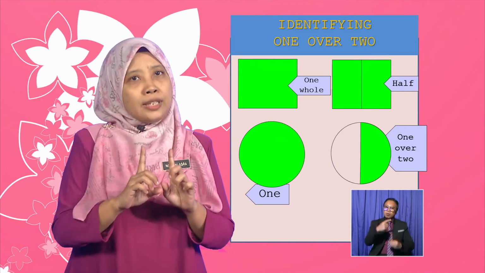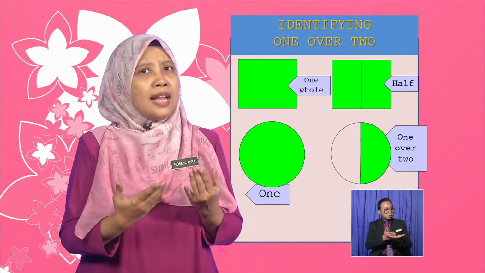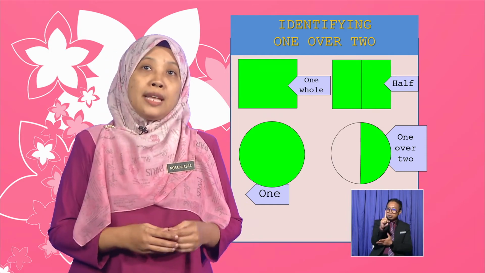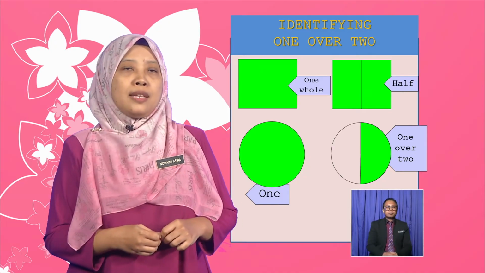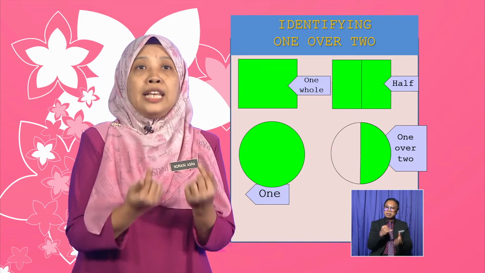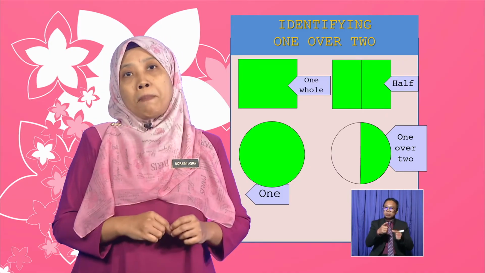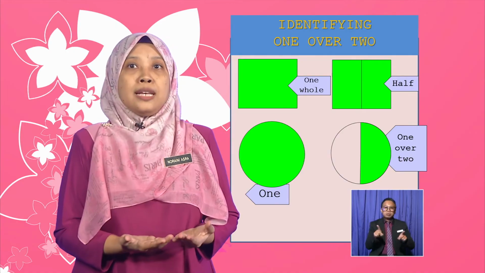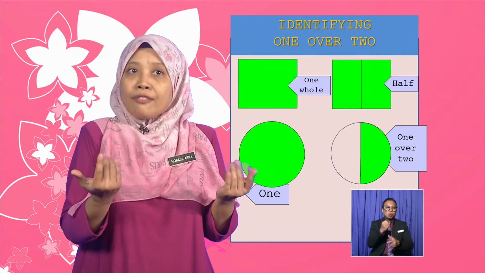When you fold it into 2 equal parts and color one part of it, it becomes 1/2. It is clearly shown that one part from 2 equal parts is equivalent to 1/2 or half.